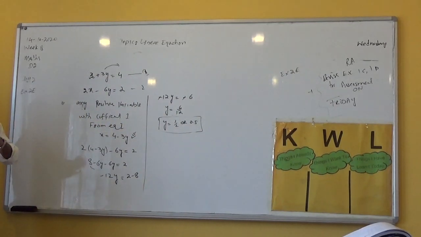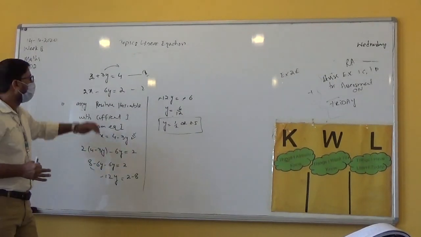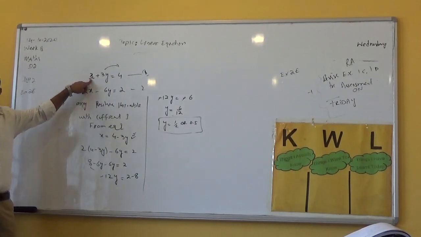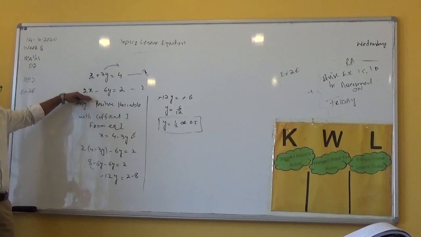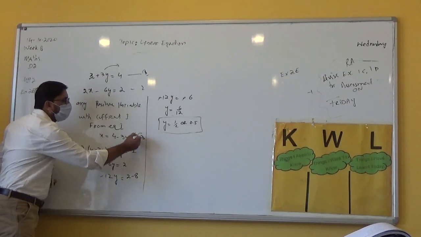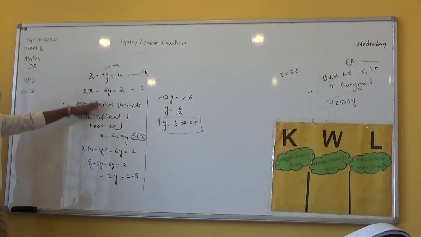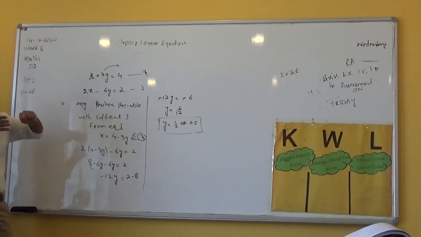Now we have 3 options to find the value of the second variable. What is the second variable? Your second variable is x. You can put the value of y in your first equation, second equation, or in the third equation which you drew from your first equation. Where would you like to put it?